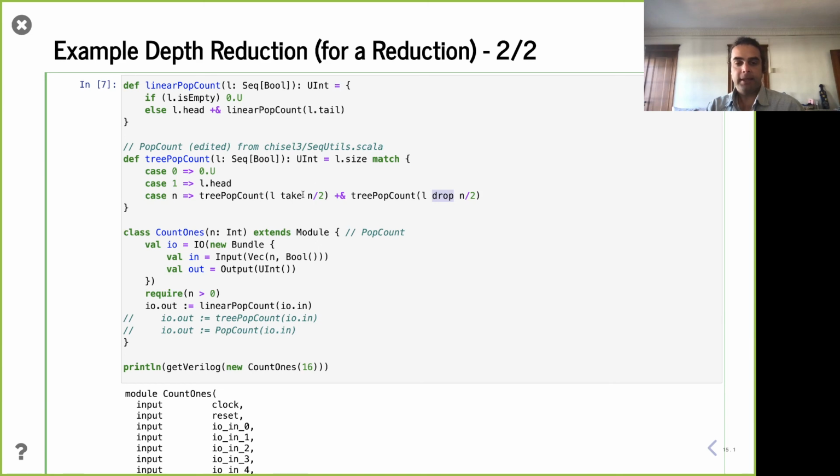Here I chose to use the Scala syntax of using the space and no punctuation. This could just as well have been written with dots. But basically, let's do this tree pop count on both halves. As you can see here, I'm citing my source for stealing this code from the Chisel library. Okay, so let's go ahead and try out this tree version.